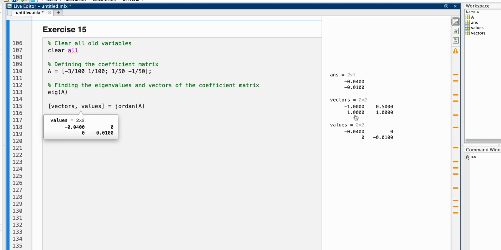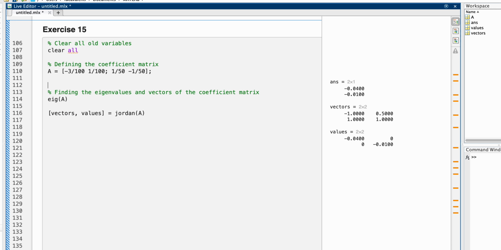So we get these numbers. Okay, the vectors is okay. And here we have some decimals, but we'd like to see these as fractions. So one way to do that is to write here, asking Matlab to output fractions.